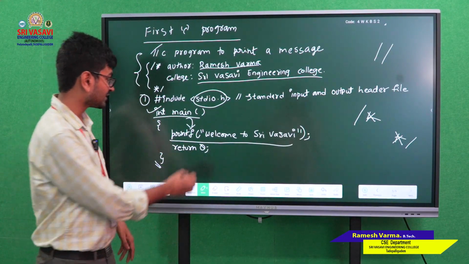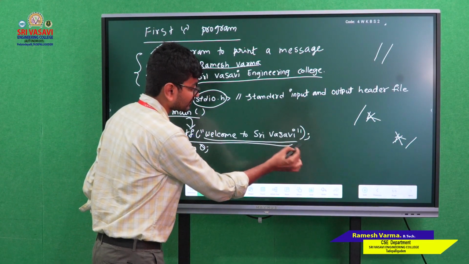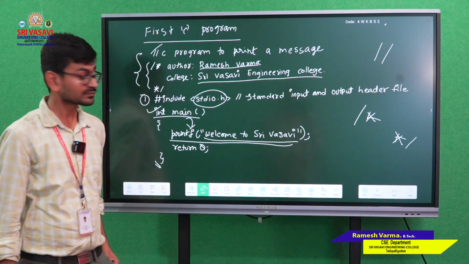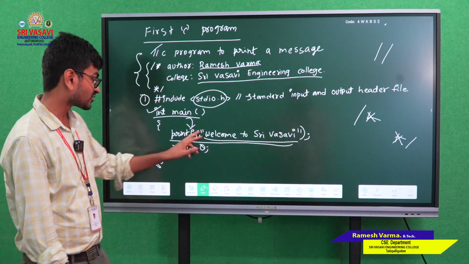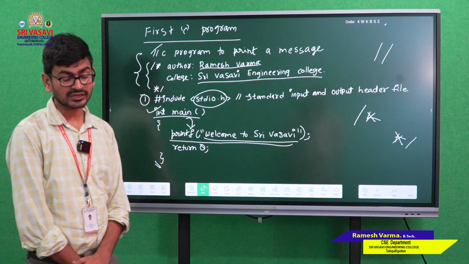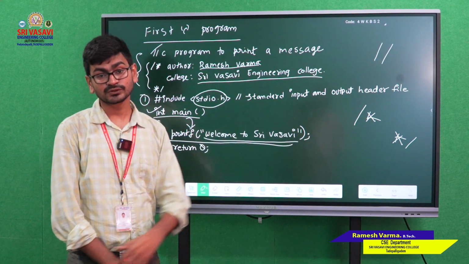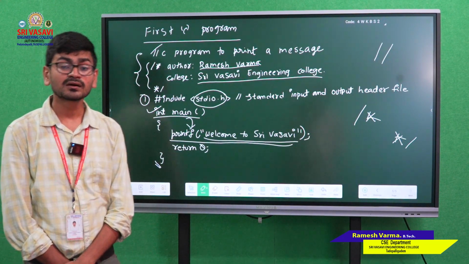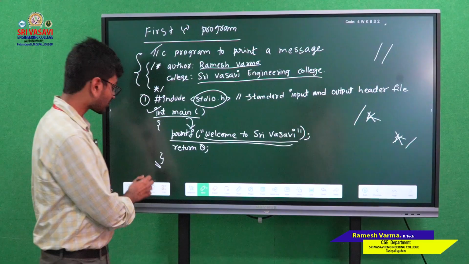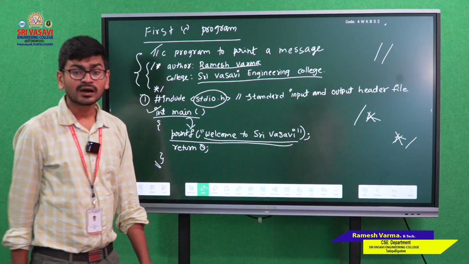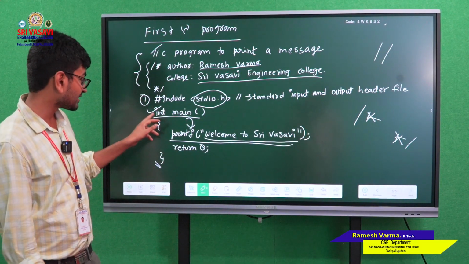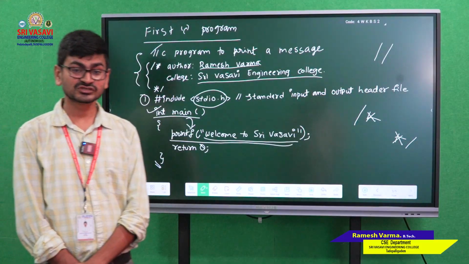In printf we are passing one string, welcome to Srivasvi, enclosed in two double quotes. This message will be displayed on the output screen, and we are closing the program with return 0. What return 0 and int mean, we will discuss in upcoming sessions.